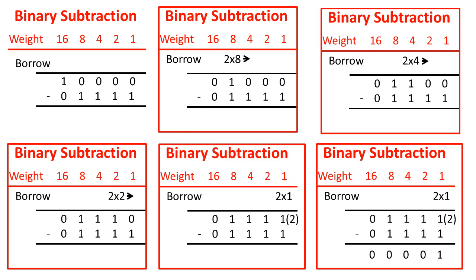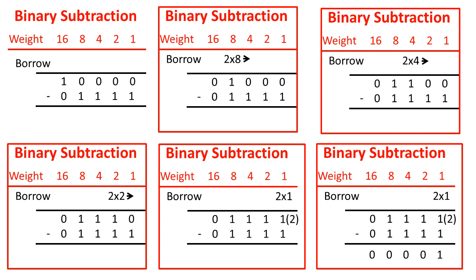In the previous column, 1 minus 1 is 0. Again in the previous column, 1 minus 1 is 0. Again in the previous column, 1 minus 1 is 0, and in the previous column 0 minus 0, that is 0. So the result will be 0 0 0 0 1.